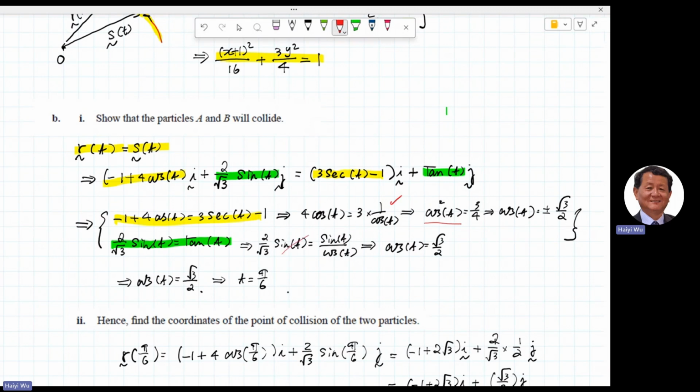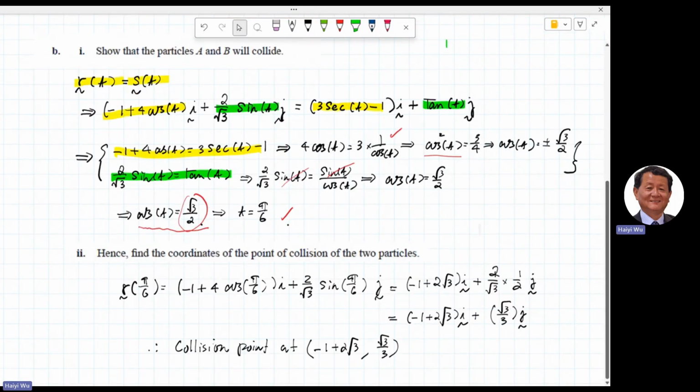Therefore sine cancels with sine, so cosine is positive. Combining the two, the common solution is positive. So from the x component and y component we get one solution, cosine t equals square root 3 divided by 2. Therefore t is pi over 6, so that time exists.